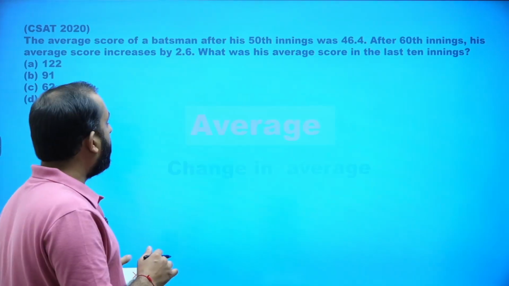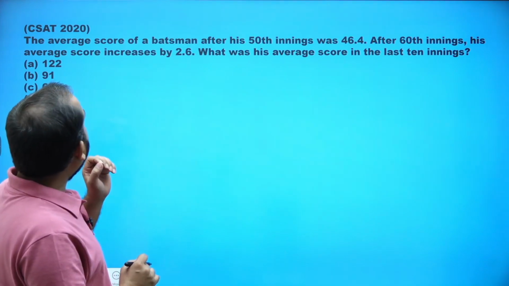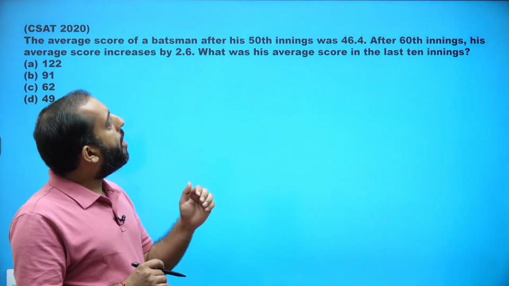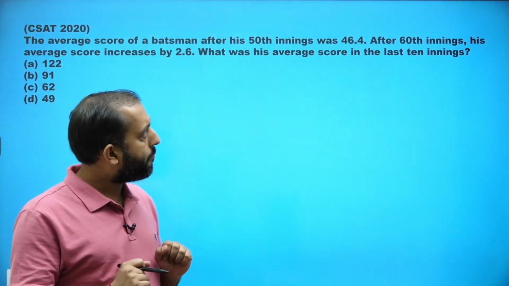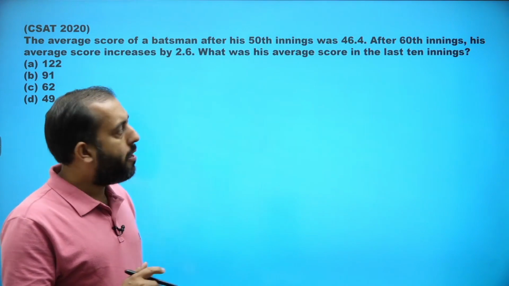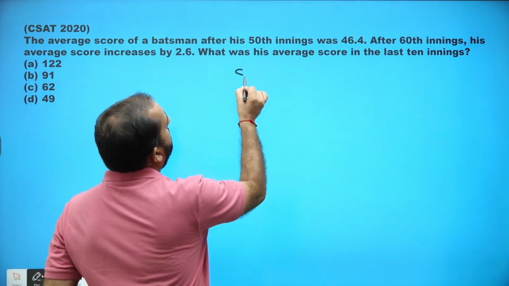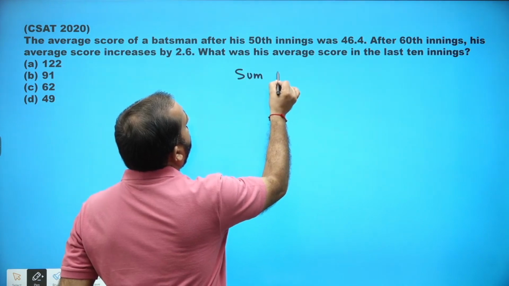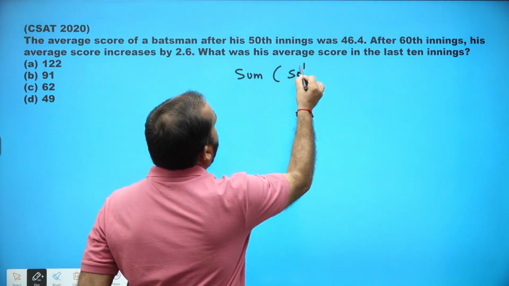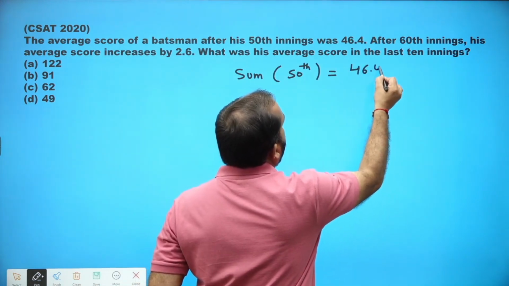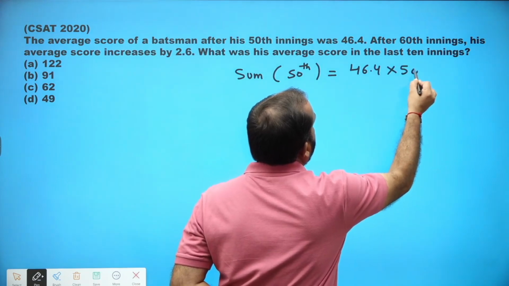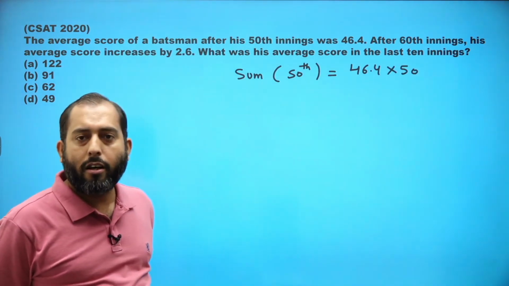So the question was, the average score of a batsman after his 50th inning was 46.4. Can I say the sum of his score till 50th inning should be average till 50th inning into number of innings, right?